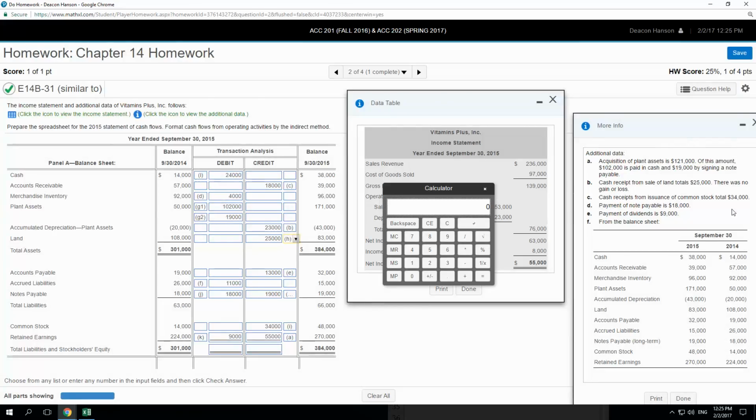We'll go ahead and add up the debits. Okay, and I'm going to add up the credits.